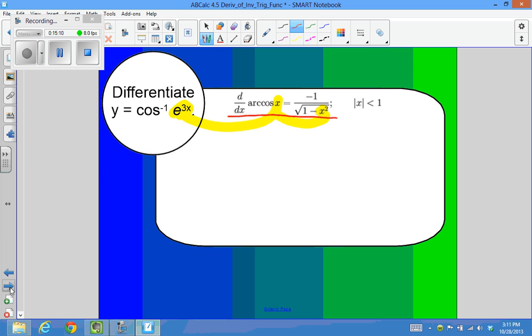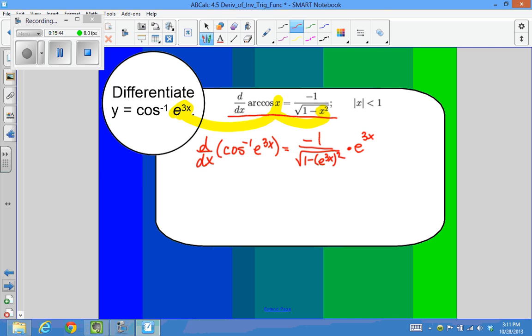So the derivative of the inverse cosine of e to the 3x equals -1 over the square root of 1 minus e to the 3x squared. But I'm not done, because e to the 3x, I can take the derivative of. So by the chain rule, derivative of e to the 3x is e to the 3x.